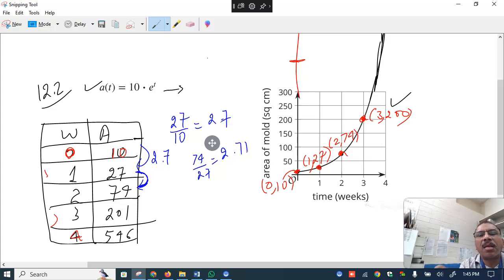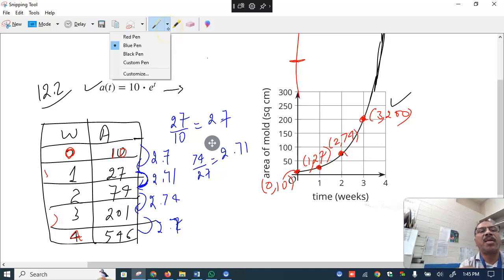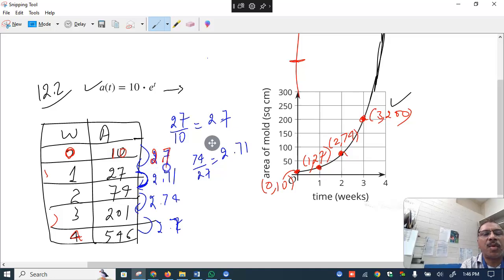I'm not sure, you can check with your calculator. Maybe this one is 2.74 or something, but it's always about 2.7. That's good news. When you take the ratio, the number is almost 2.7.